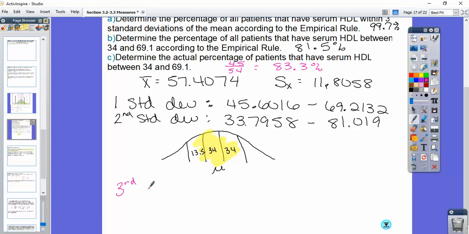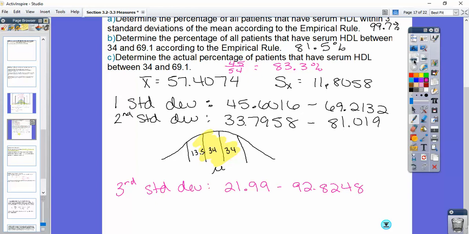The third standard deviation, so if you did your mean minus 3 times the standard deviation, and the mean plus that, it's talking about values between 21.99 and 92.8.